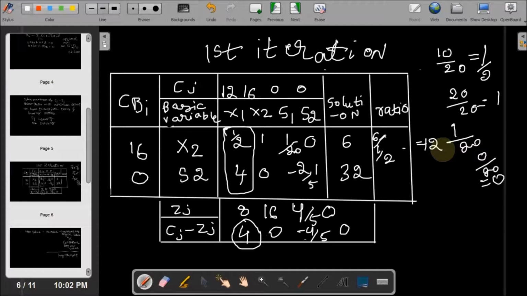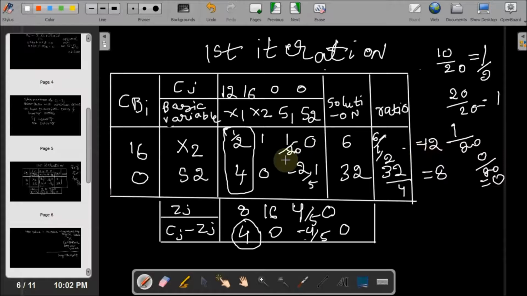Now 32 divided by 4. How much? 4 8s are 32, so the value is 8. Now, which is the minimum value of ratio? 8.